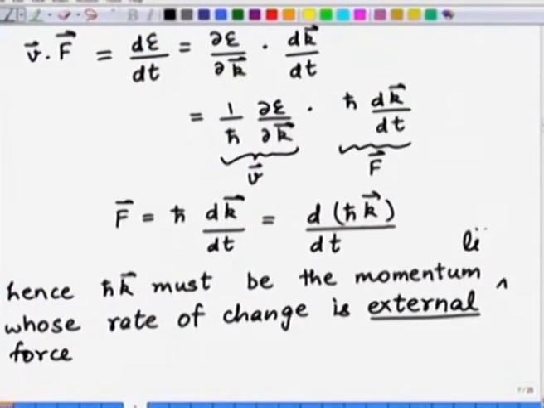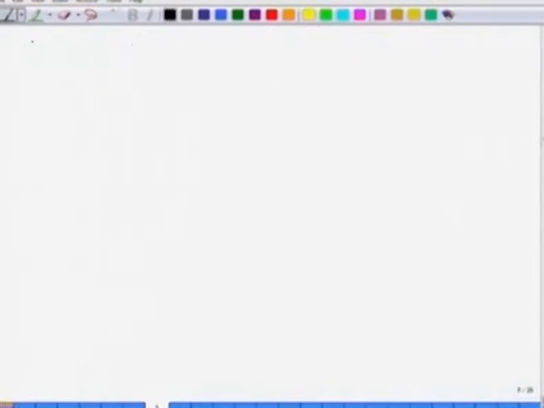I should say momentum-like, whose rate of change is the external force on an electron. So, it should behave like a momentum of the electron.